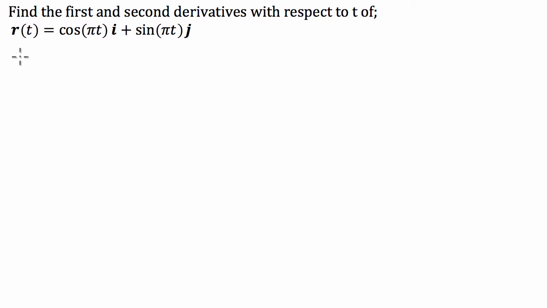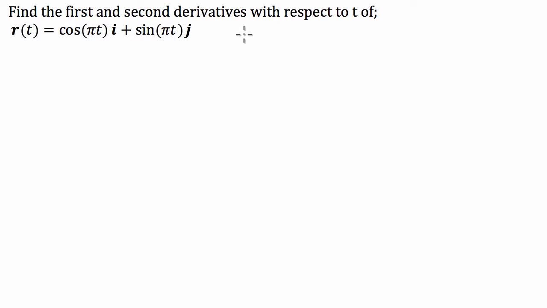So the domain of a vector function is, in this case, any value of t for which the components i and j are defined. So any value of t that we stick in here, be it positive or negative, will give us a defined value of i and j.